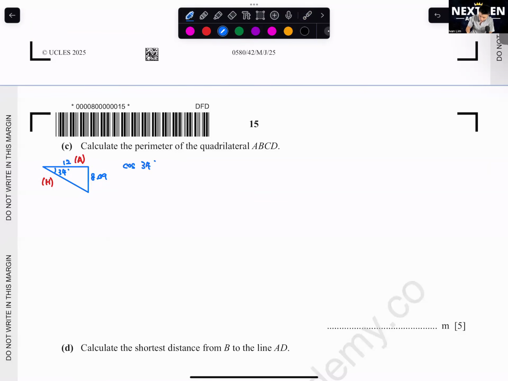Cos 34 equals 12 over AD. AD equals 12 over cos 34, which is 14.4746. Then the next one, we want to find BC. BC is like this.